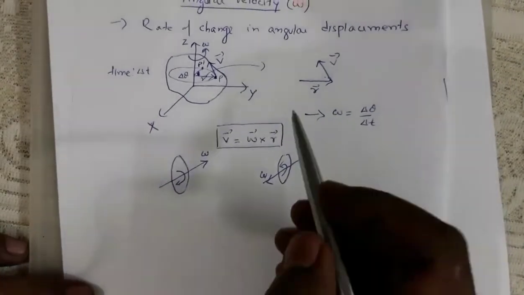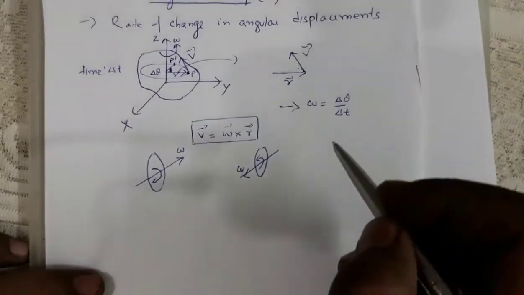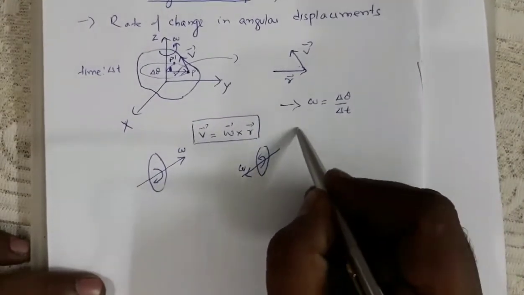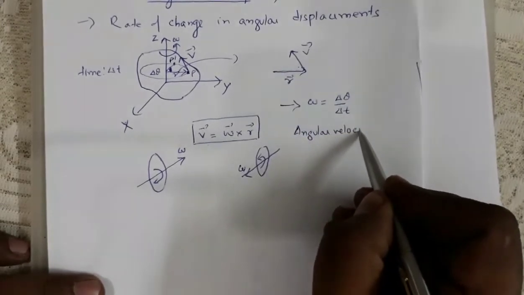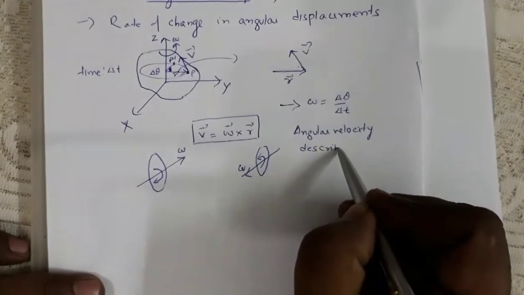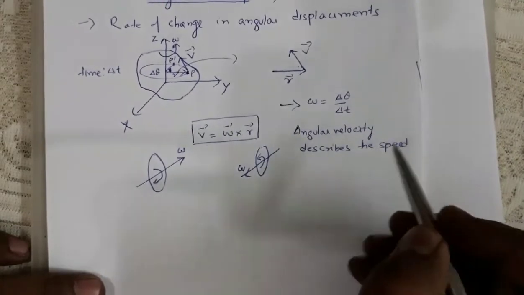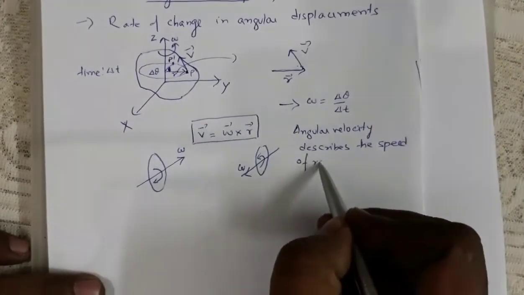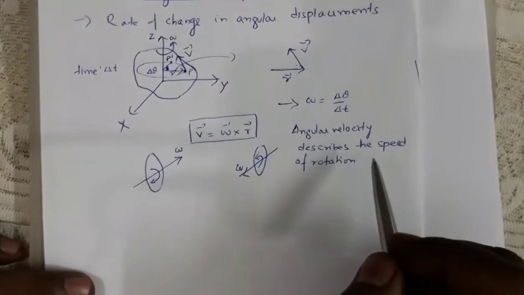Now from this discussion, what is our observation? That angular velocity describes the speed of rotation, because it gives information about angular displacement per unit time.